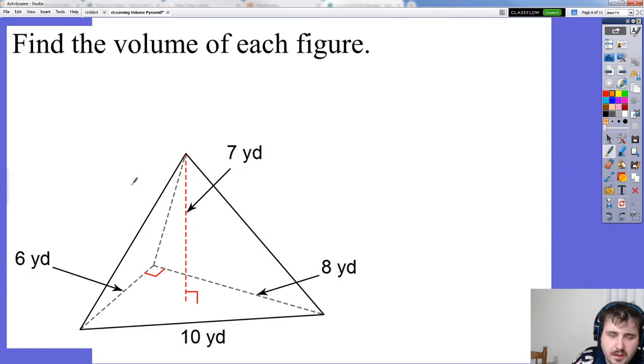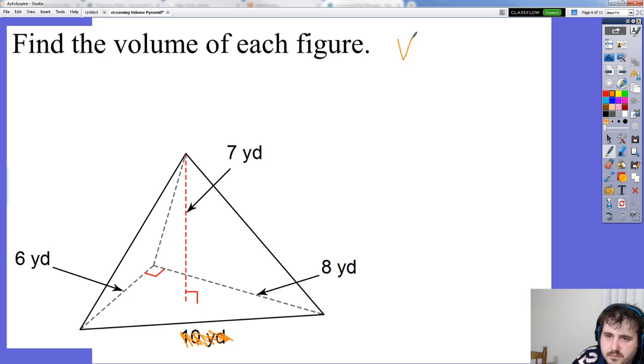So we go through, and again, just like before, don't let extraneous information fool you. They give you the base, and they give you all the other pieces, so we can do this very easily. This is the part that we don't care about, that 10, right? That's not a base or a height of the base.